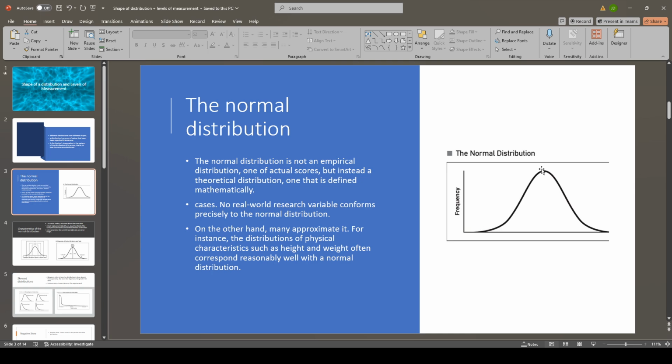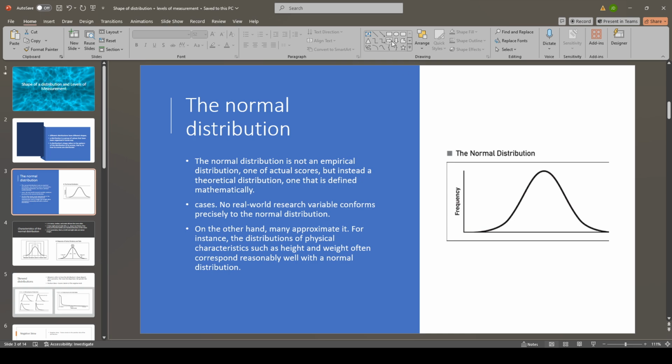Let's say, for example, the peak here represents 10 cartons of milk. Then we could say this is 1 carton of milk, and so on and so forth. So what we're doing here with distributions and frequencies is we're just counting, okay?